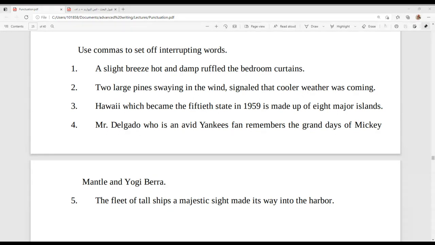Two large pines swaying in the wind signaled that cooler weather was coming. Two large pines, comma, swaying in the wind signaled, excellent.